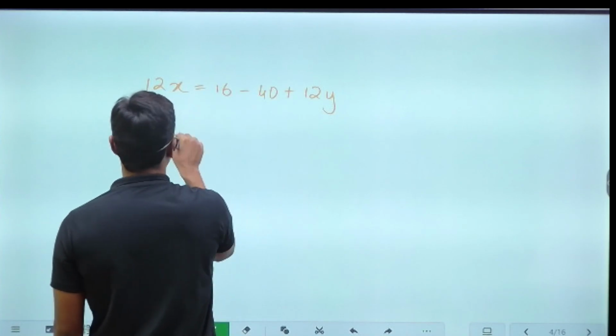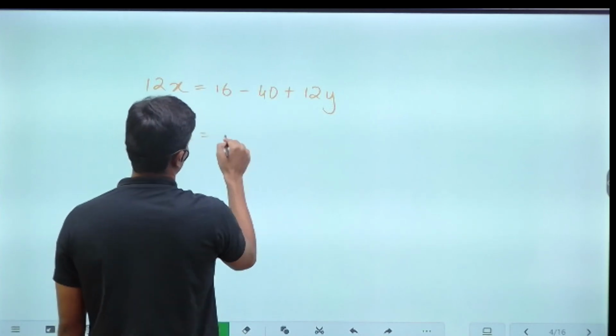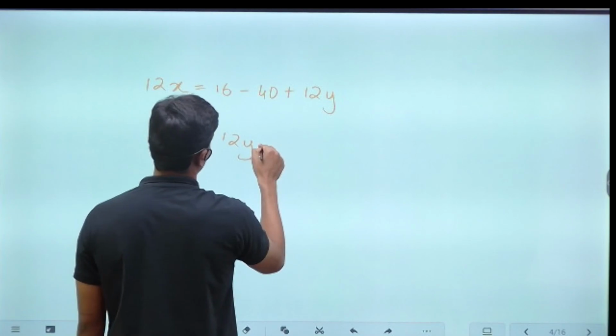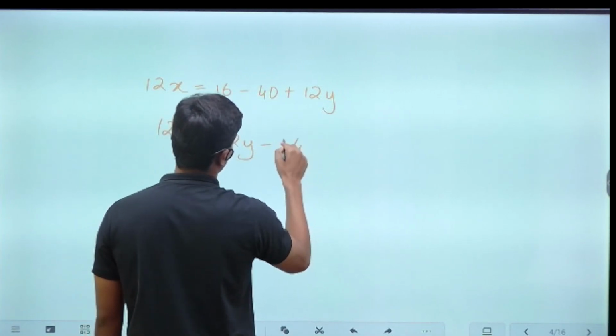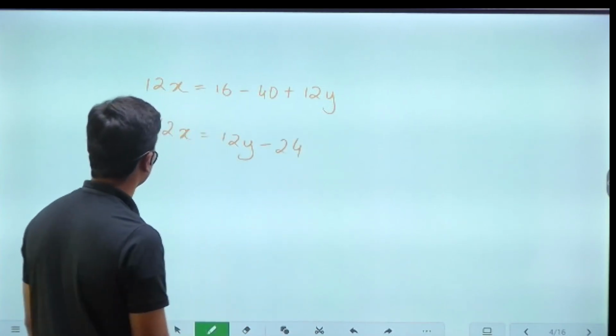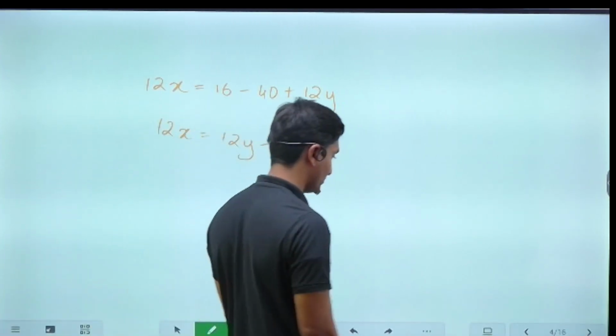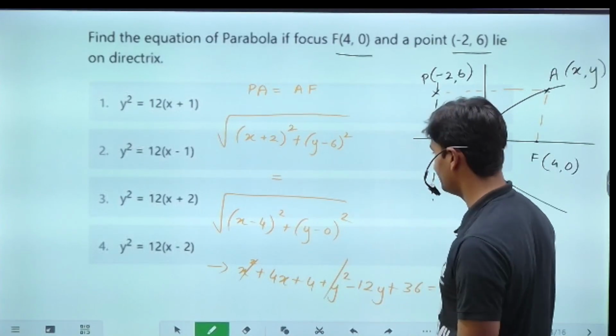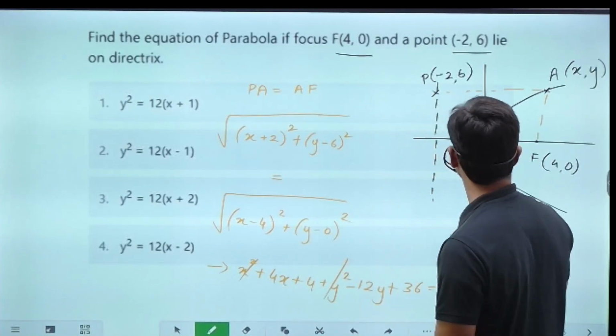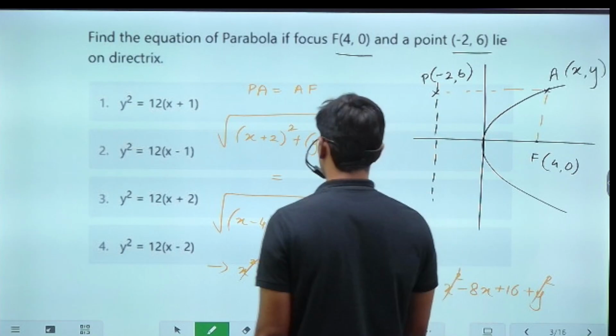Okay, so 12x will be equal to 12y minus of 4, and this will be 24. So 12x is equal to 12y minus of 24. Did I do something wrong here? So just a minute, yeah.